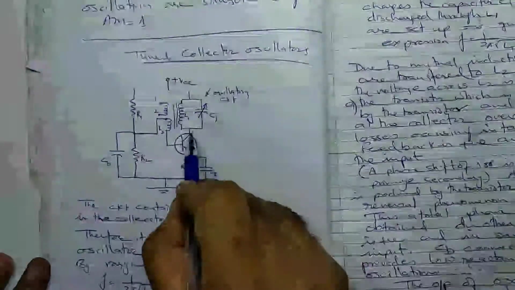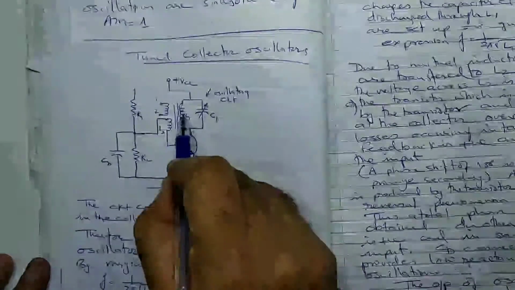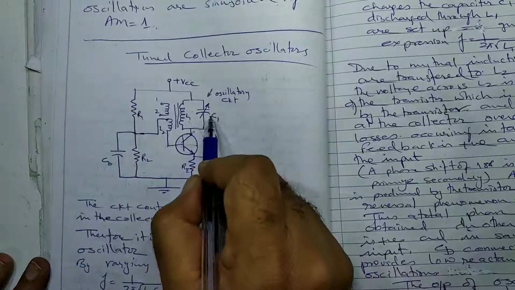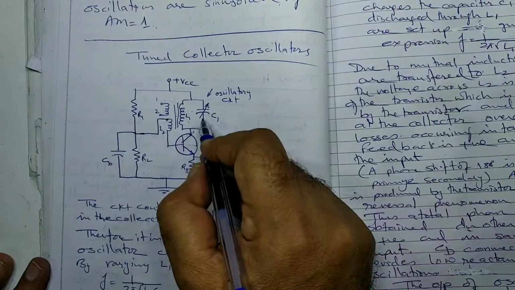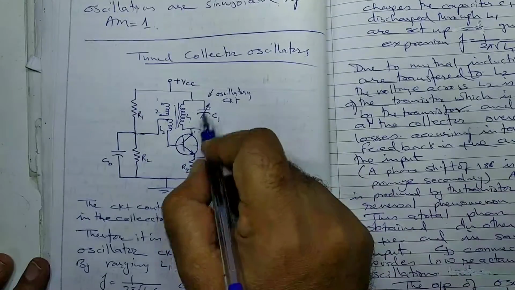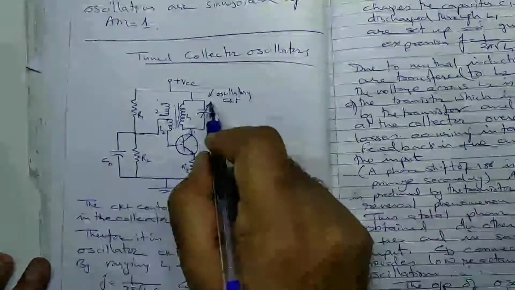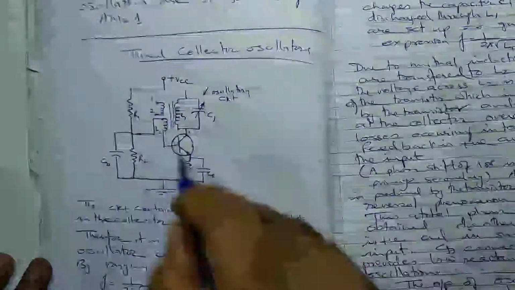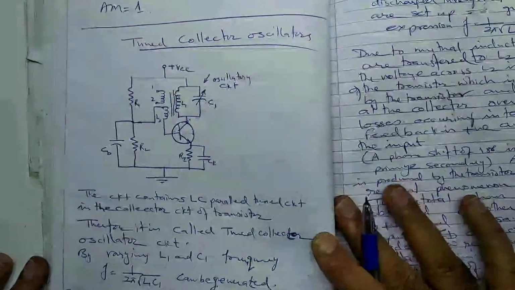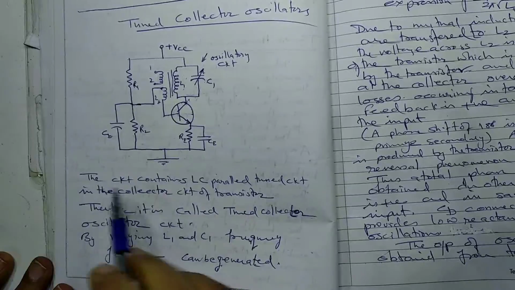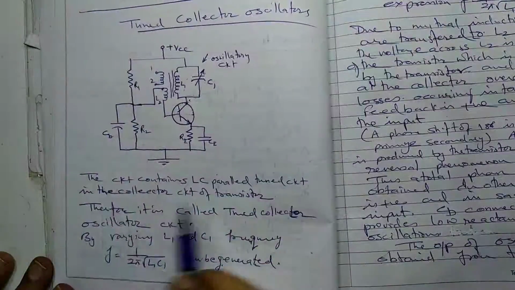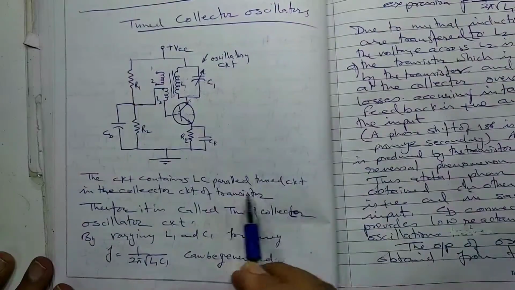Here, the collector has got a tuning circuit L1, C1, where C1 is variable. The value of C1 can be changed and we can select the frequency of oscillations. The circuit contains an LC parallel tuned circuit in the collector circuit of the transistor.